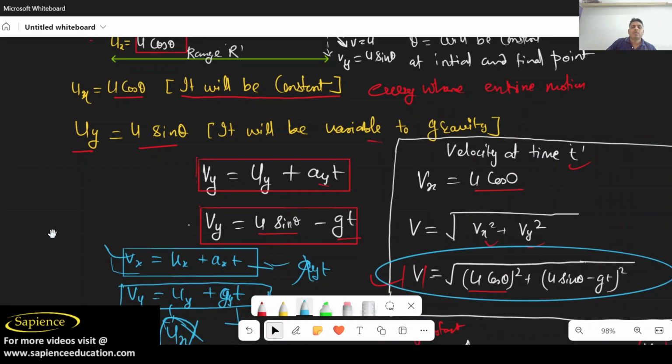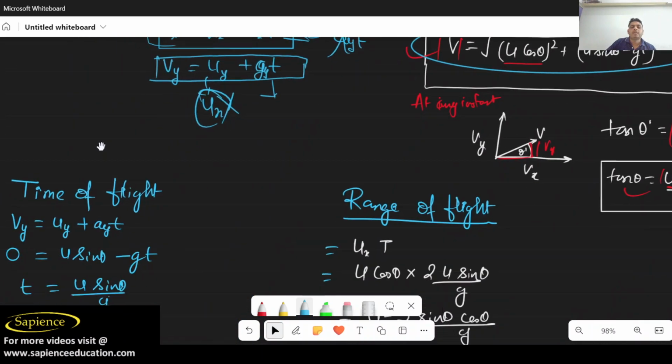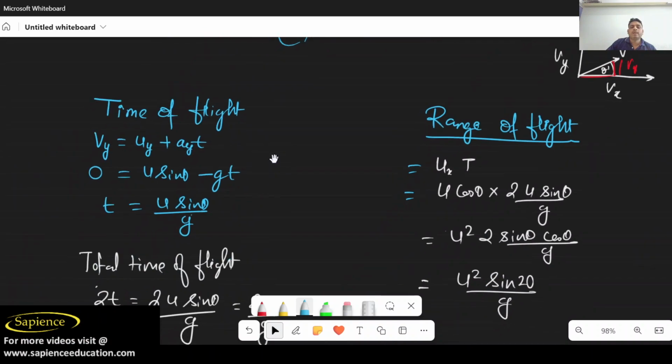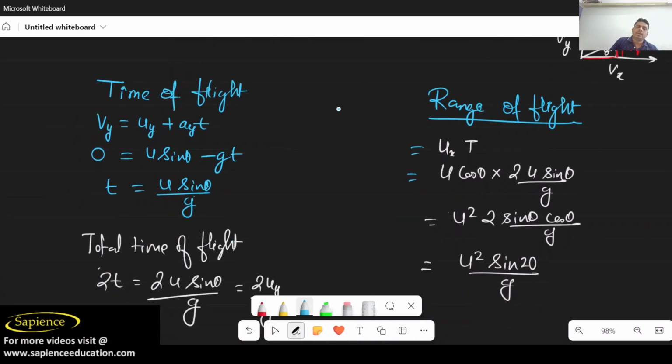Now our main motto is to find the time of flight. So how will you find the time of flight? Let us consider the equation in the vertical component.